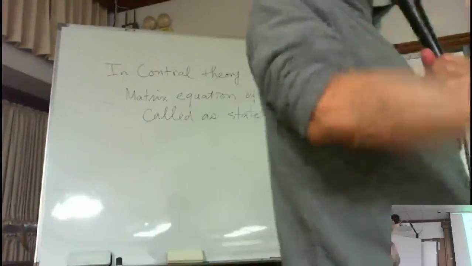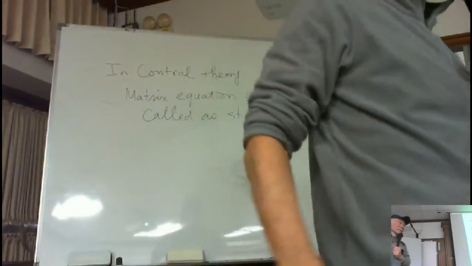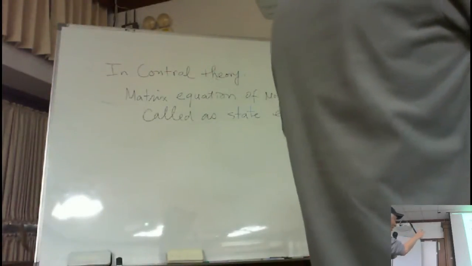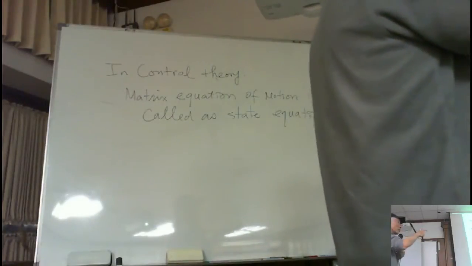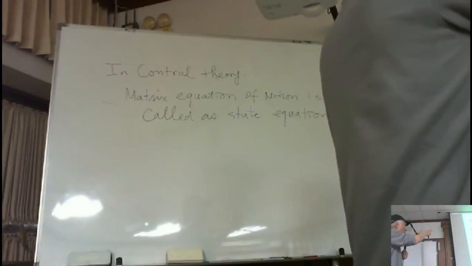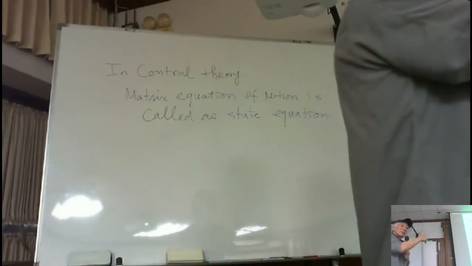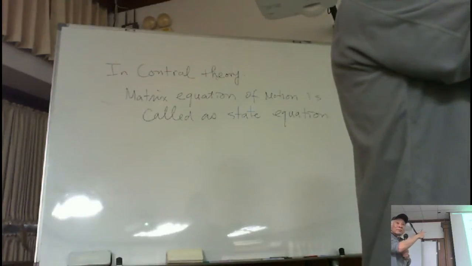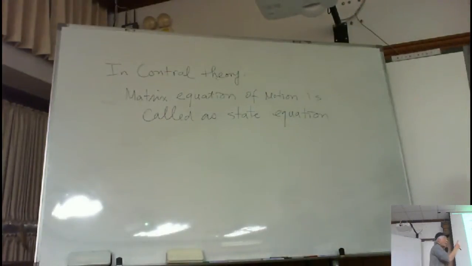There are two states, x1 and x2. So in the matrix equation of motion, for a single degree of freedom, for rigid body motions, we have two states. Right? This is a single degree of freedom. Agree? Now we have two states, x1 and x2. What is x1? What is x2?